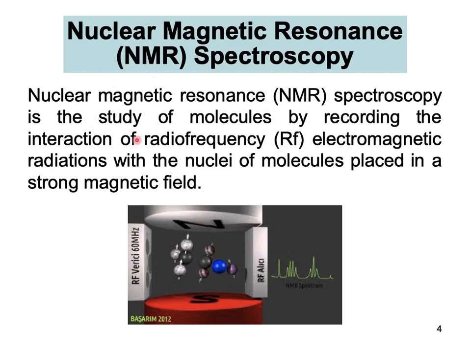So it is simply the study of the interaction of radio frequency electromagnetic radiation with the nuclei of the molecule. That's why it is called nuclear magnetic resonance spectroscopy, because there is an interaction of the radio frequency with the nuclei of the molecule, which is placed under a strong magnetic field.